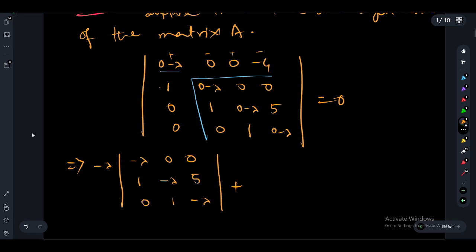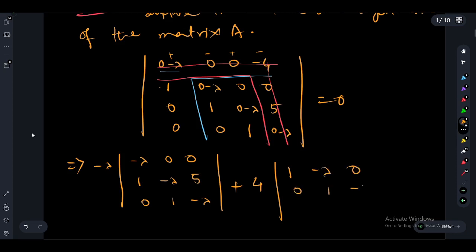So this is minus into minus 4, so we have plus 4, and we ignore this row and this column, so the determinant of this matrix is, we have 1 minus lambda, 0, 0, 1 minus lambda, 0, 0, 1, and this is equal to 0.